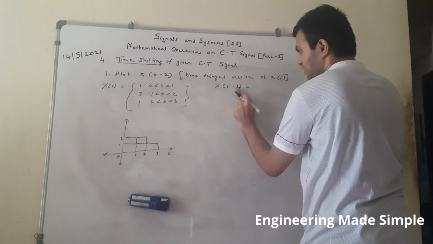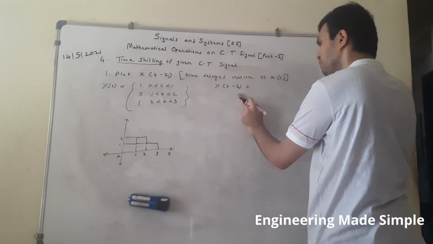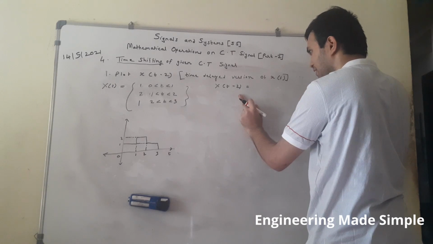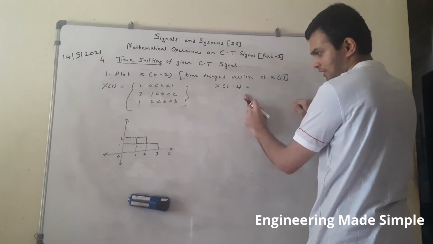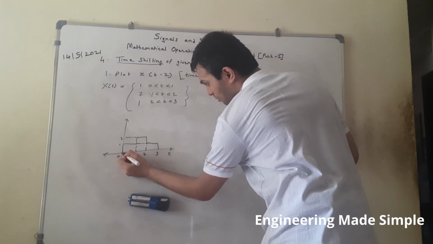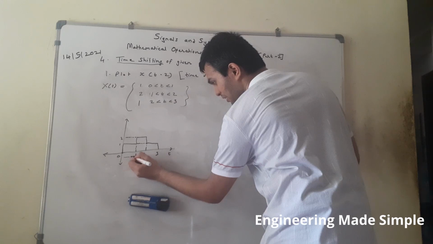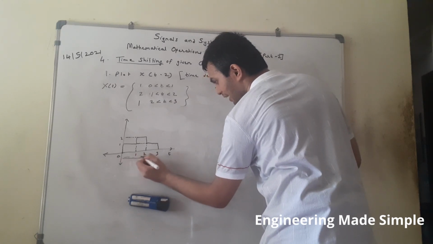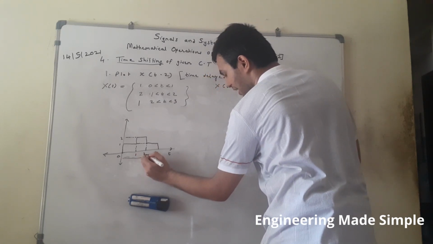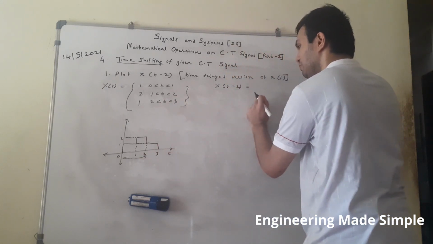The plot says x of t minus 2. That means we have to shift the signal to the right by 2 units, because it is the time delayed version. Here the signal is starting from t equal to 0, but when I shift or delay it by 2 units, the signal will start from t equal to 2. So wherever t is there, replace it with t minus 2.